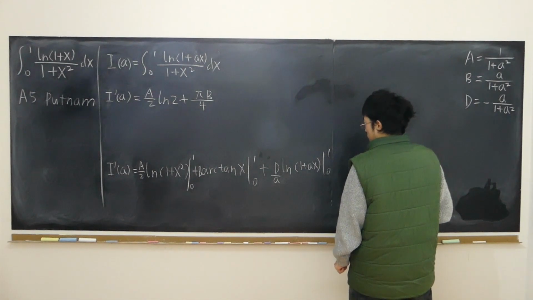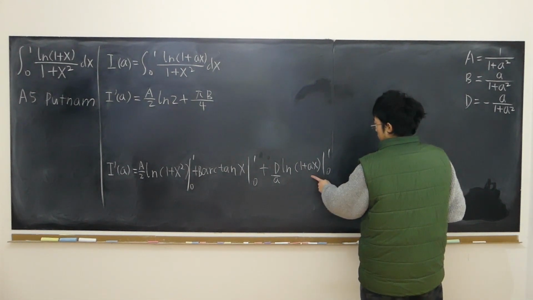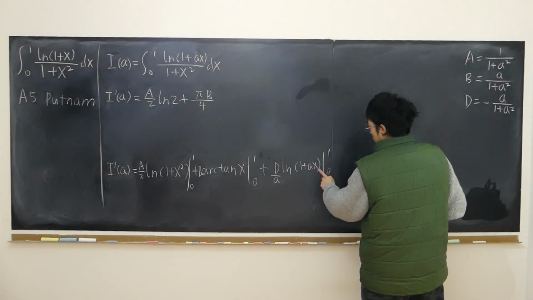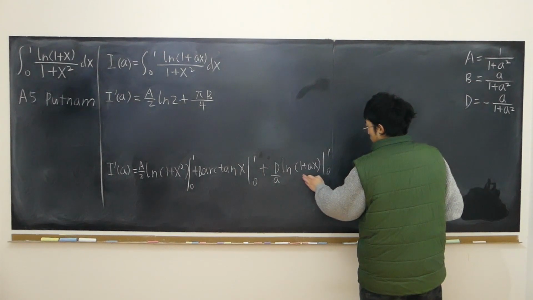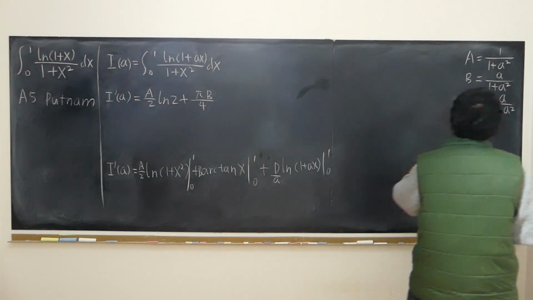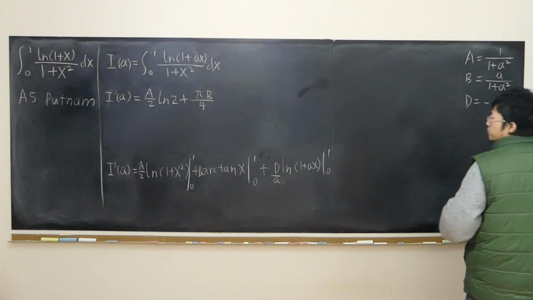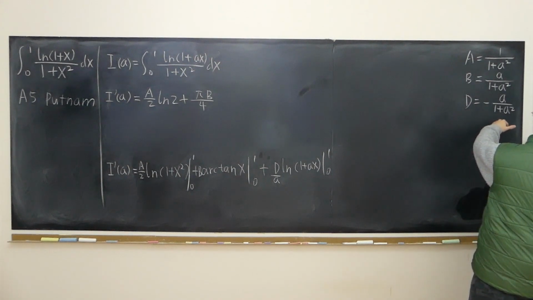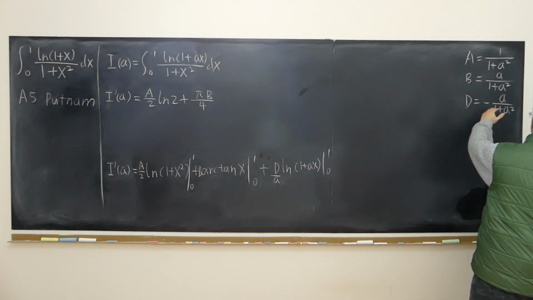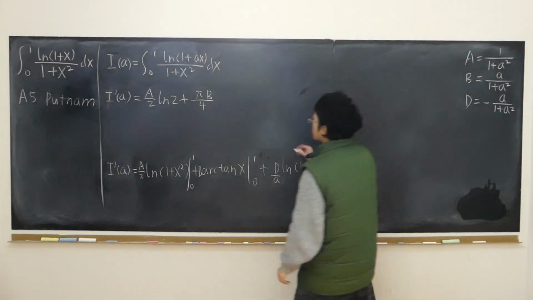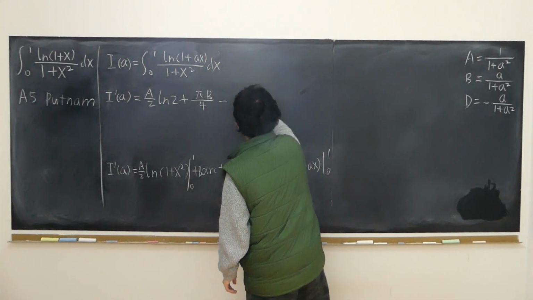Okay, so what is this log? Log 1 plus a, log 1 plus 0 is log 1, which is 0. So log 1 plus a, what's d? D is this one, so d divided by a is minus 1 over 1 plus a squared.